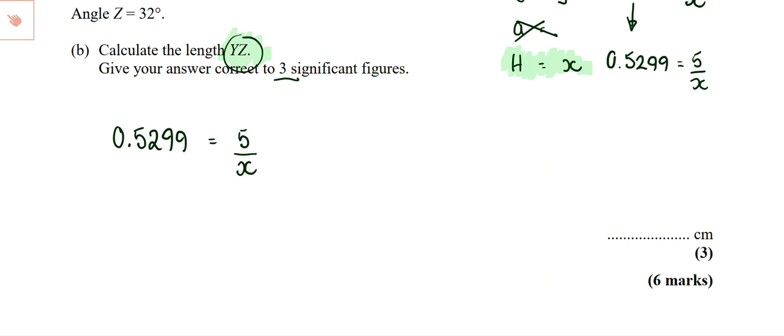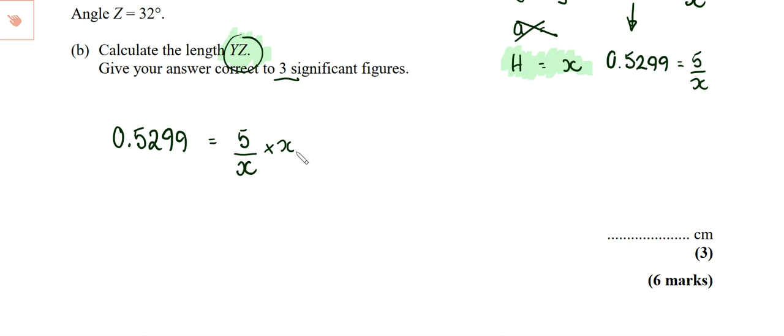Hang on, so let's talk about the difference between what Alistair just said and what you just said. So Alistair said, let's multiply by x. Okay? Why has he said that? Because it's 5 divided by x, so timesing by x makes sense.